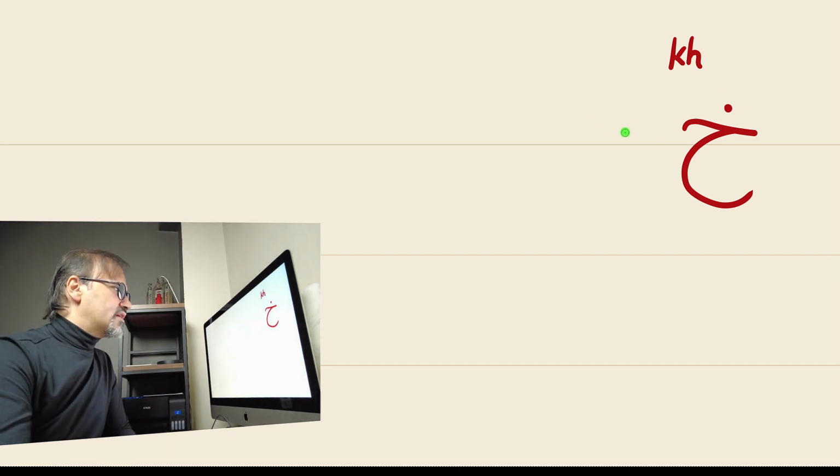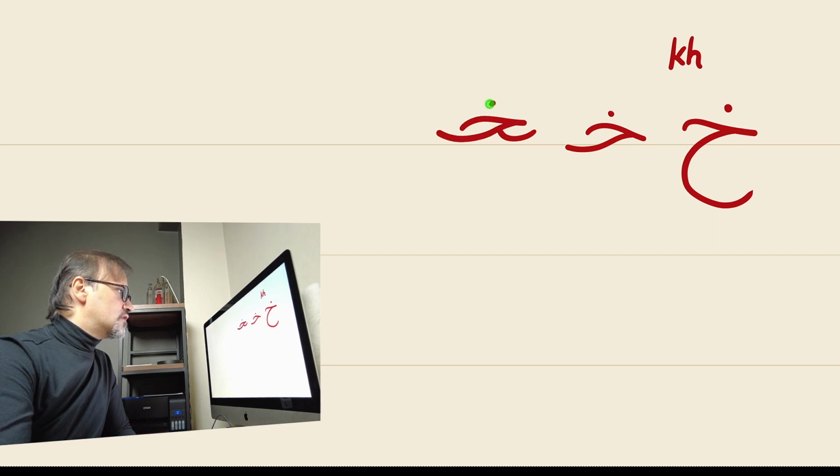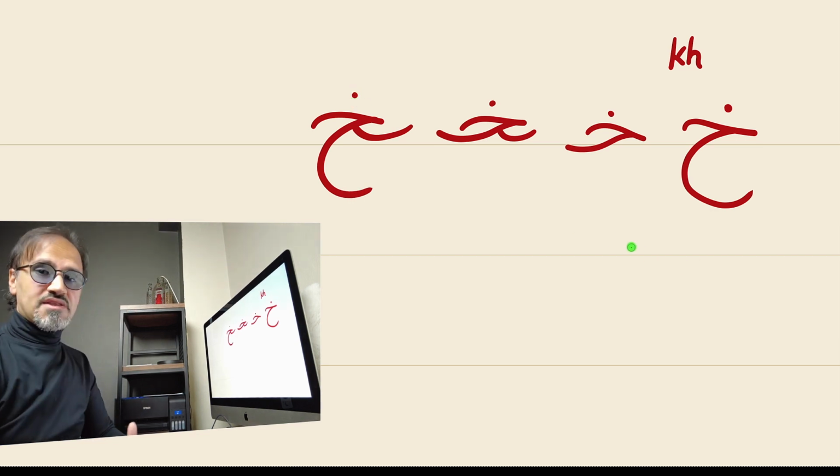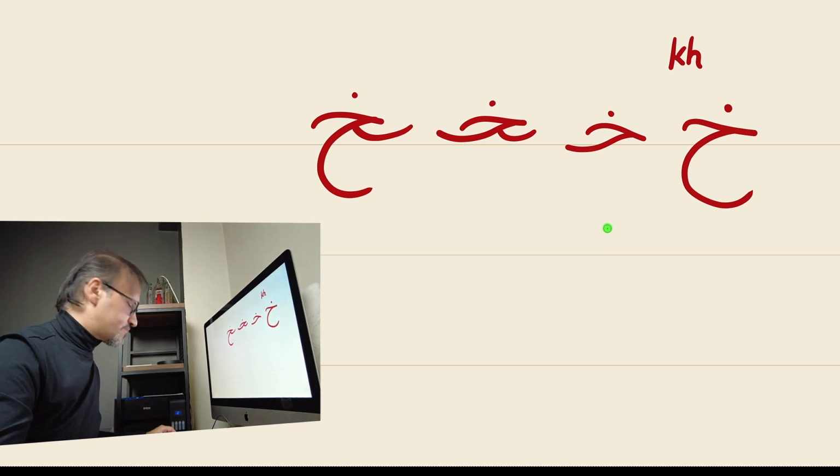And this is how it looks in the beginning. This is how it looks in the middle. And this is how it looks in the end. So this is the kh sound. Let's connect this to some other letters.